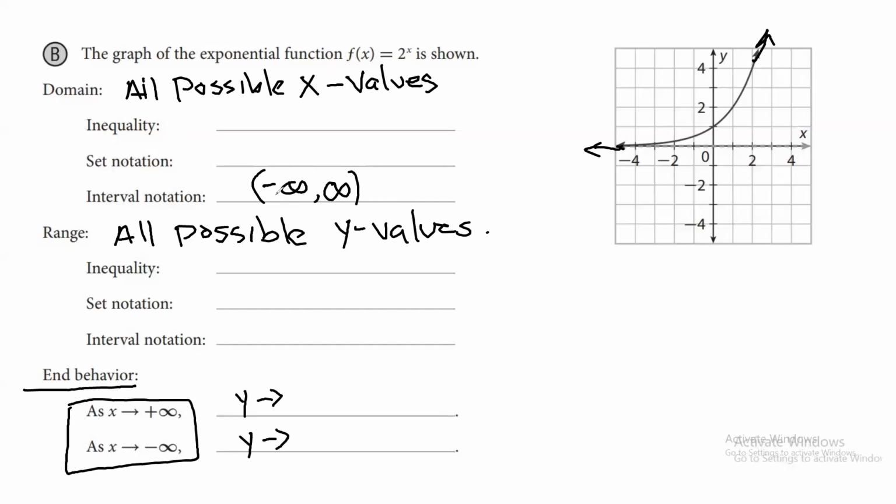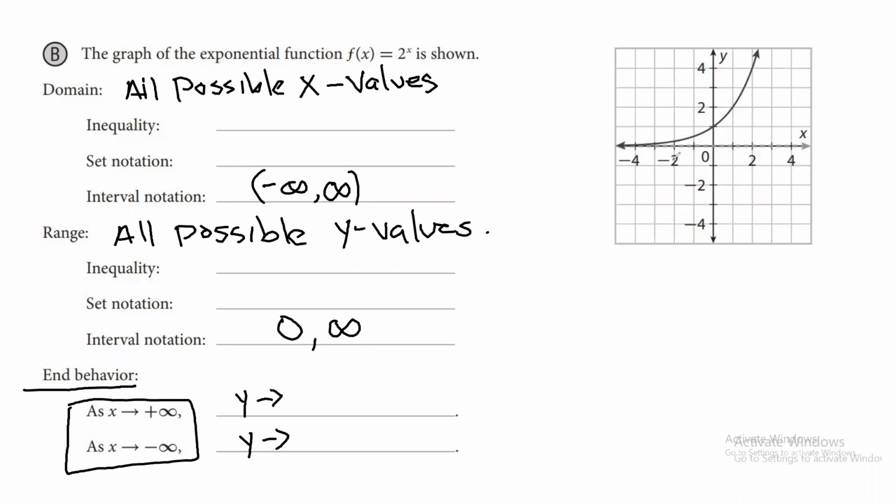Your range. What's your range in this case? From 0 to positive infinity. Why 0? Do you guys see where the x-axis is?